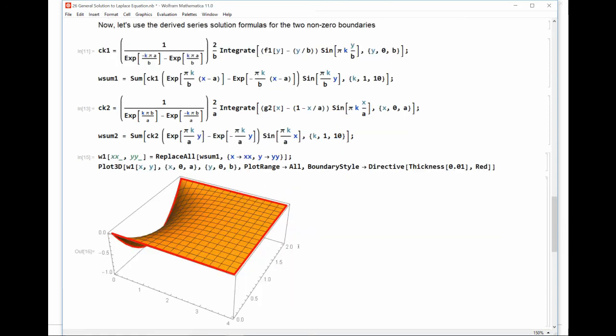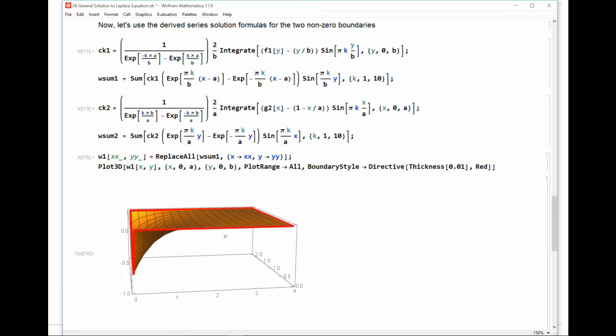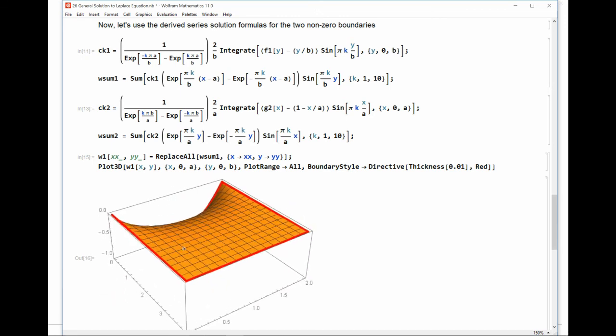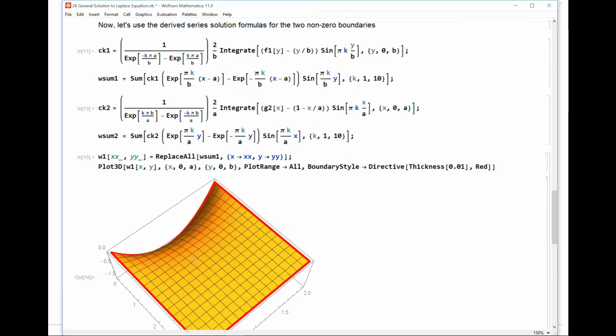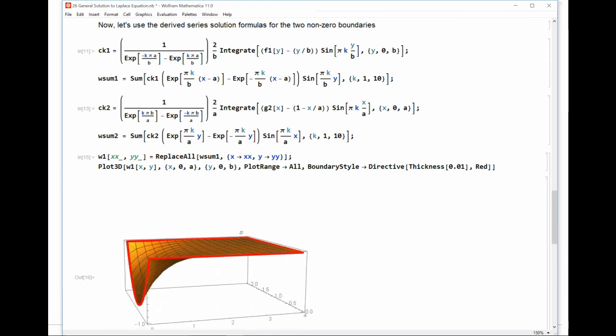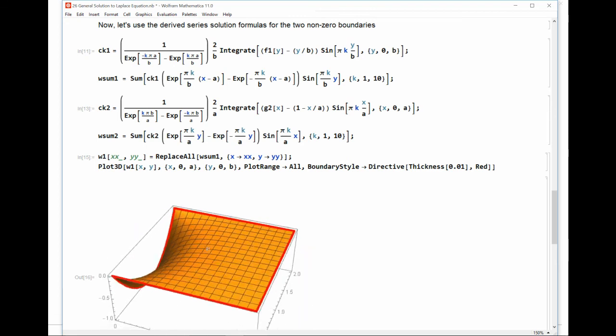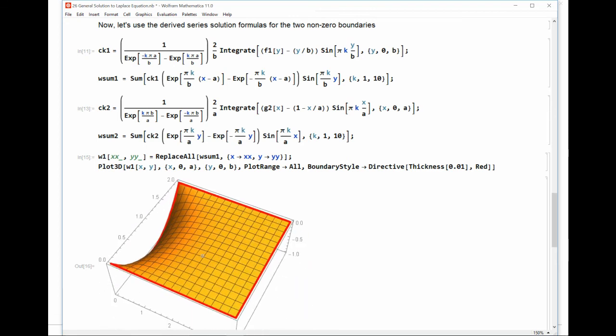So here's how the first function looks. Notice that it's kept its boundary values at 0. So now this is a shifted parabola. It's not the same parabola that was given to us originally. This one has its corner shifted to 0. This is the result of subtracting the function v from u.